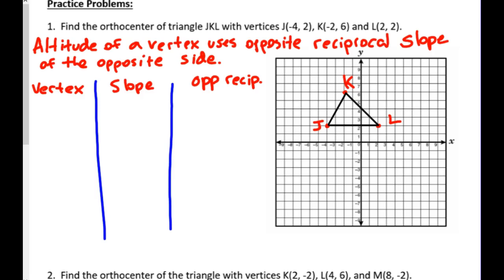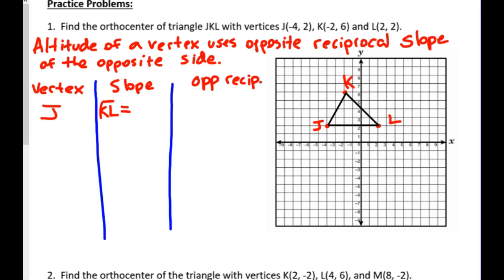So let's pick a vertex, and we will start with J. Let's write that down. Starting with vertex J, what side is across from J? So across right here is this segment, which is KL, right? Or you could say LK, it's fine. So KL, I need to know the slope of KL. Now, how do I figure out slope? Rise over run.